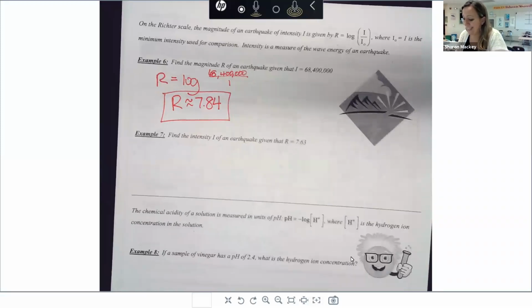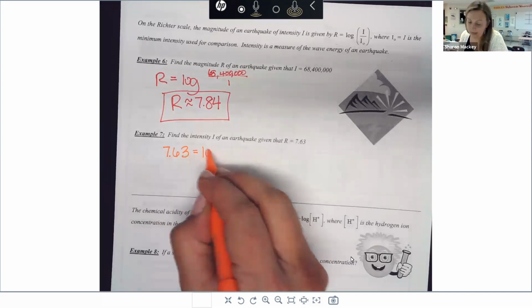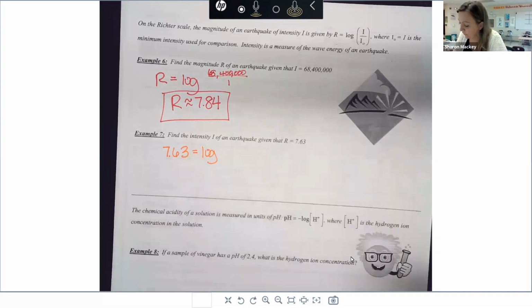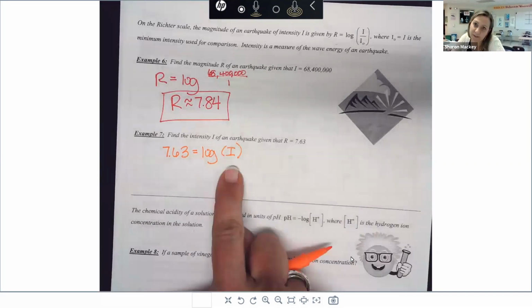Now, if they ask for the intensity of an earthquake, given that R is 7.63, well, then we would just put 7.63 in for R, and then we would have that equal to the log of I, the intensity. If I sub 0 is 1, you don't need to write it, right?